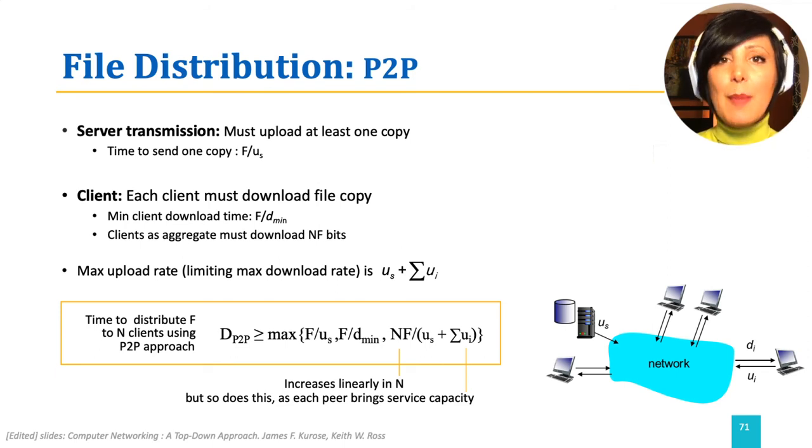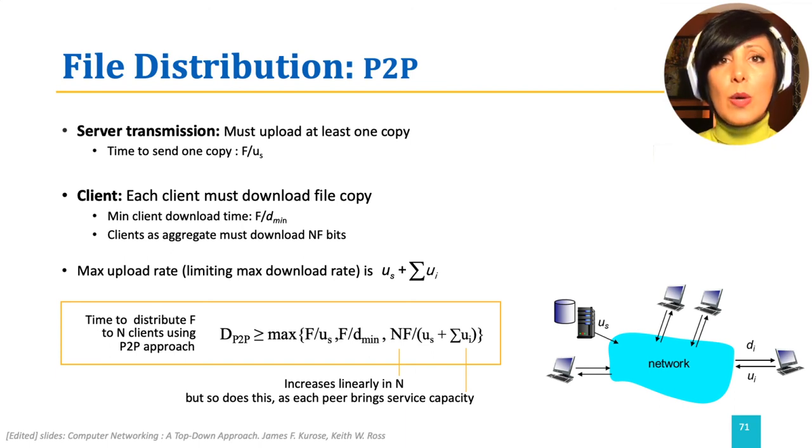So, uploading one copy from the server will still be F divided by US. Each client I downloading a copy will still take F divided by DI. N clients will download n copies, so the download size is still n times F. But they will also upload using their UI capacity.